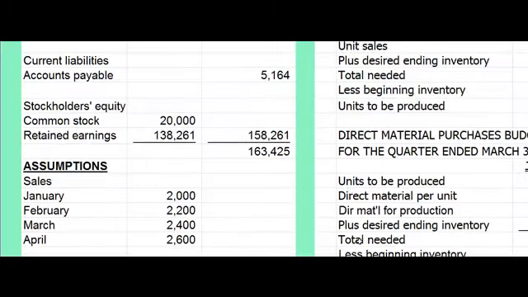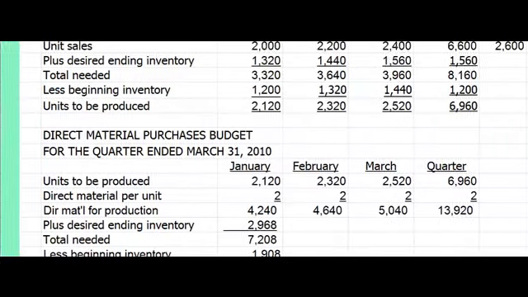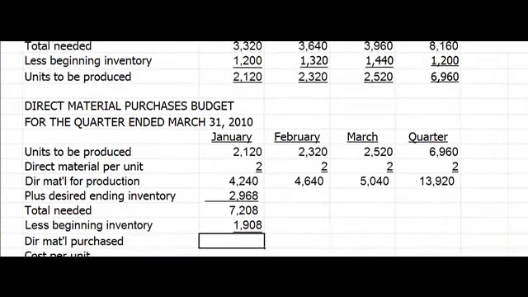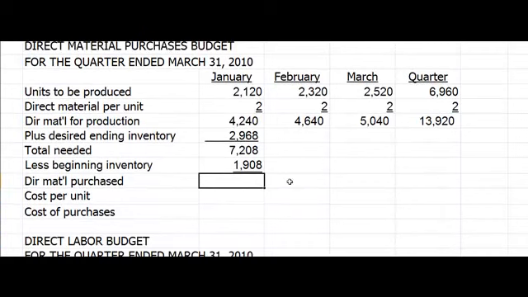So I'm going to pick that up, and I won't have to produce that amount because that amount is already available. Therefore, I take my total need minus my beginning, and that's the amount I need to purchase.